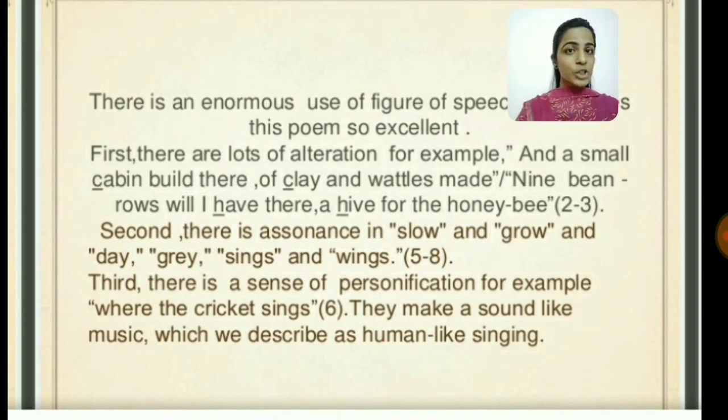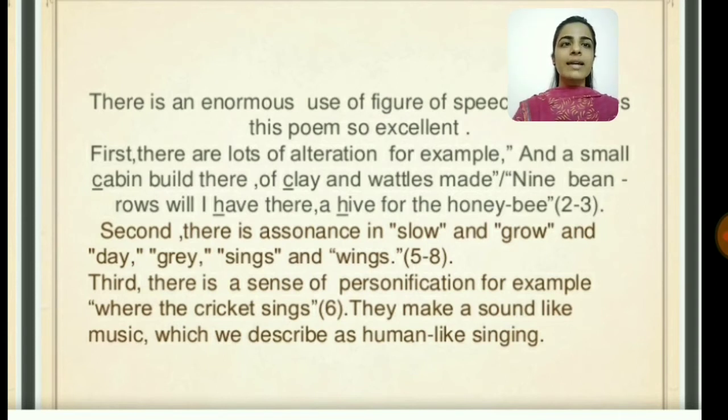For example, "And a small cabin build there, of clay and wattles made; Nine bean-rows will I have there, a hive for the honeybee." So you can compare and see the repetition of the sound, right?